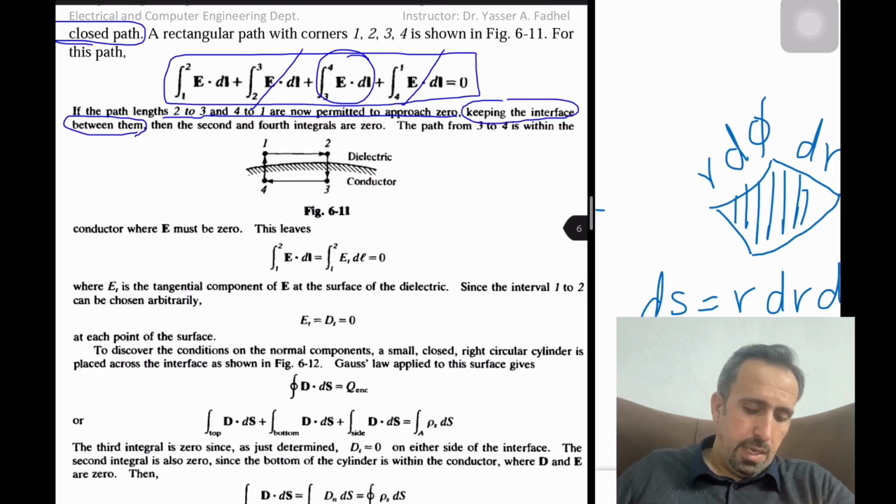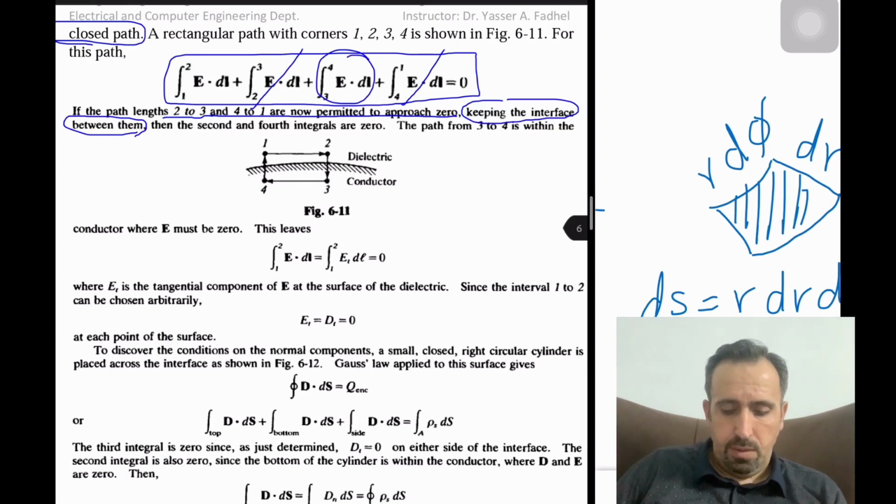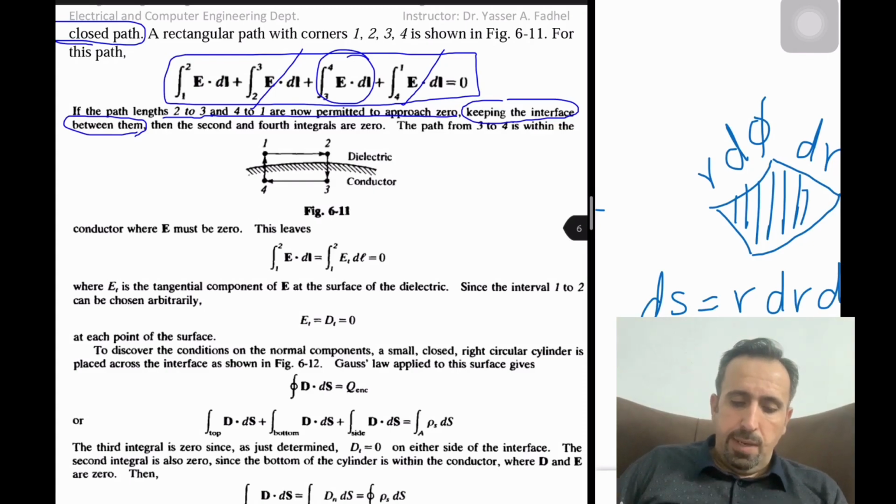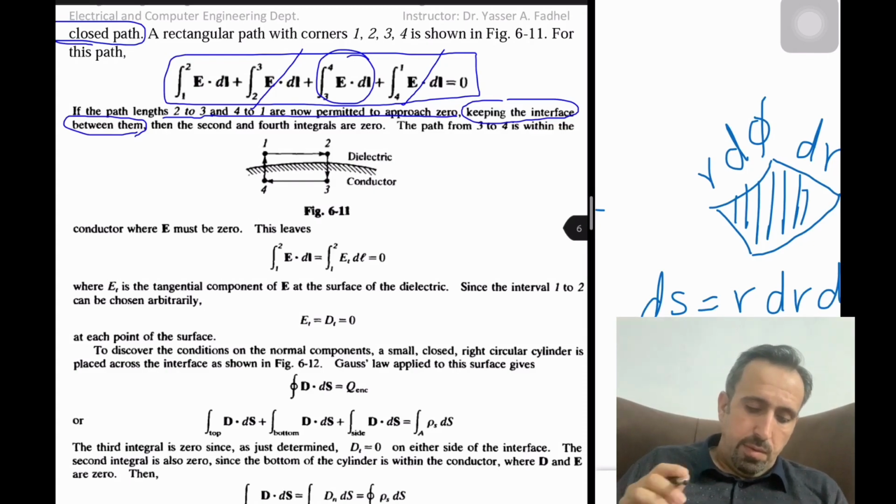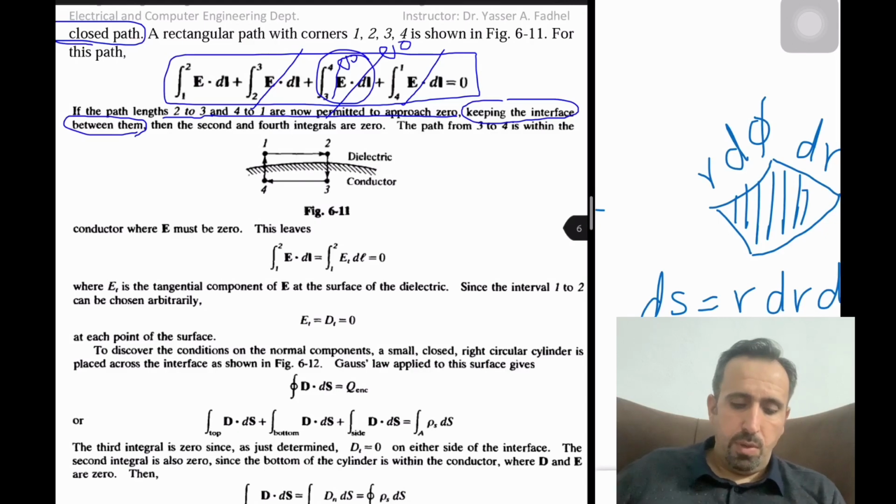within the conductor there will be no electric field confined, there will be no electric field intensity. So not due to having dl equal to 0, but due to having E equal to 0, all of this term will be equal to 0.